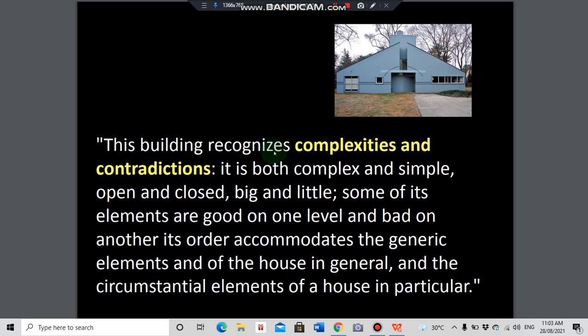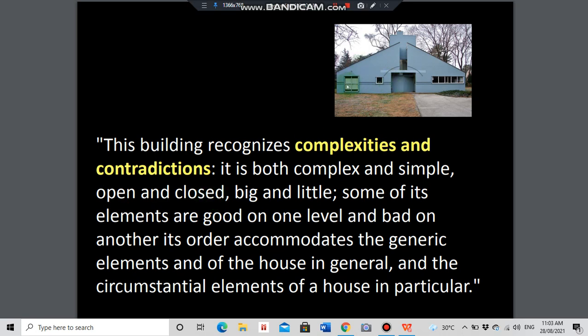Wherein this building recognizes complexities and contradiction to the theory of architecture. It is both complex and simple. Complex but simple. Ano? Kaya contradictions.